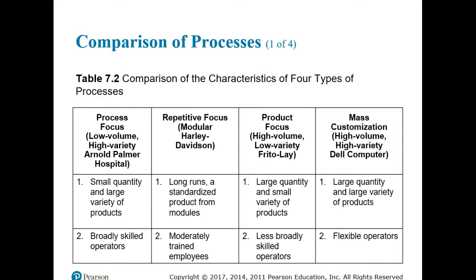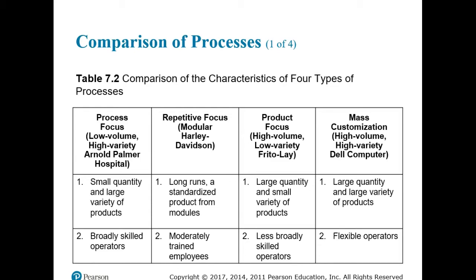Now, these slides replicate Table 7.2 from the textbook, which arguably contains the most important conceptual information in the chapter. It is probably worth spending several minutes covering those comparisons point by point. And characteristics in the repetitive process column typically represent a compromise or intermediate position between the two extremes of process focus and product focus.